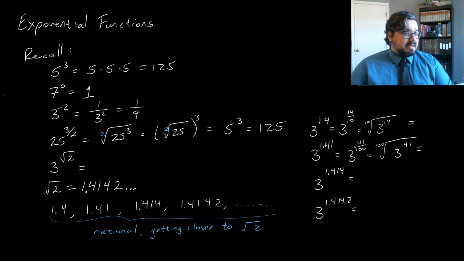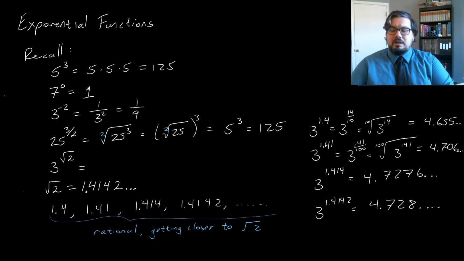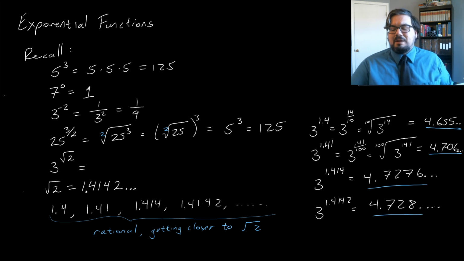Now, if we were to work these things out, we'd get the following. 3 to the 1.4 is 4.655, etc. 3 to the 1.41 is 4.706, etc. 3 to the 1.414 is 4.7276, etc. 3 to the 1.4142 is 4.728, etc. So what we can observe is that the numbers we get when we raise 3 to this sequence of rational numbers that are getting closer and closer to the square root of 2 are also getting closer and closer to some number.